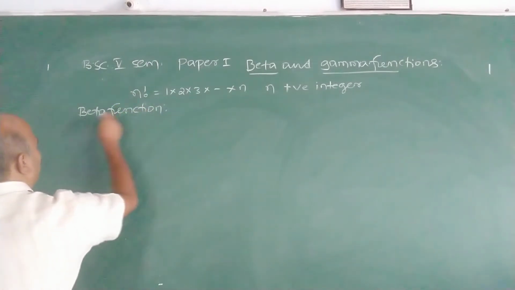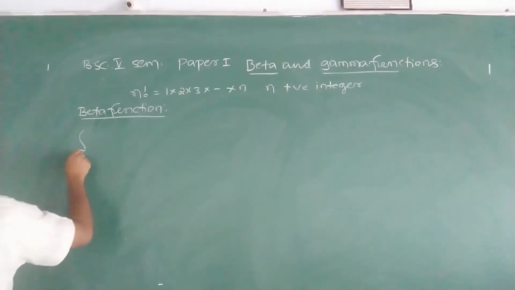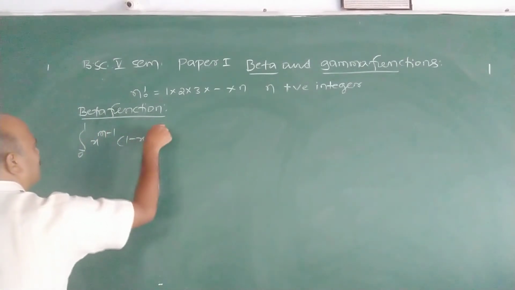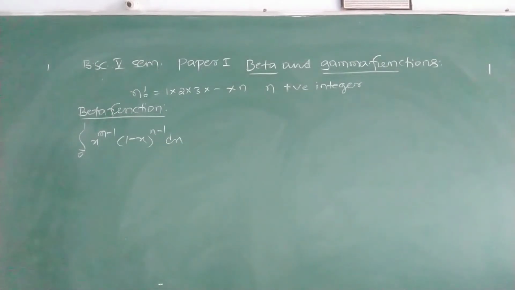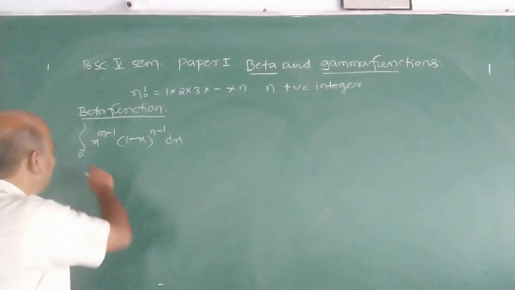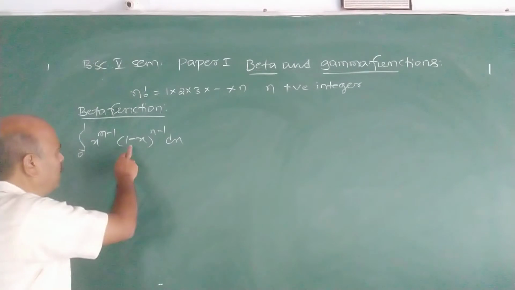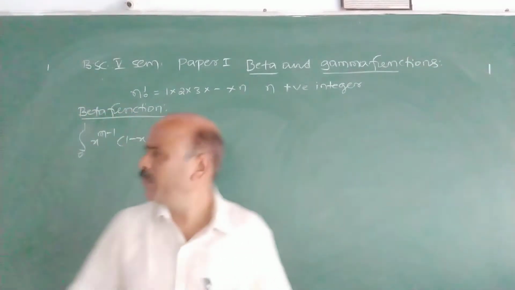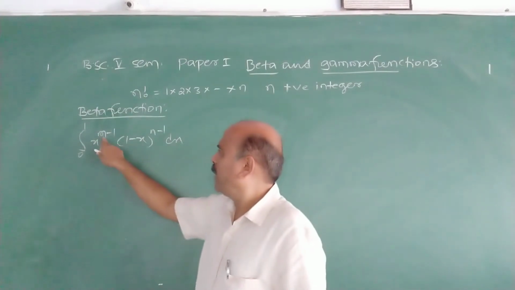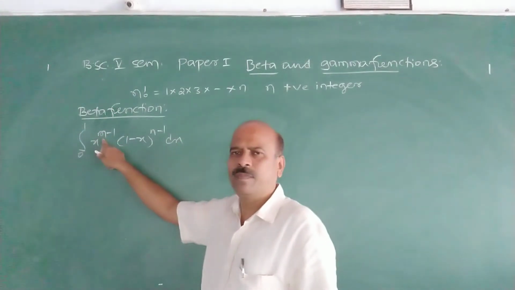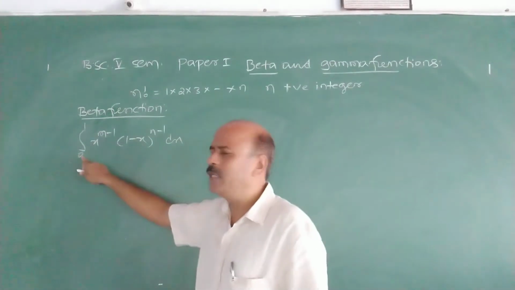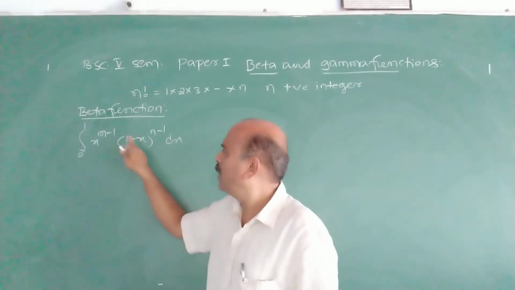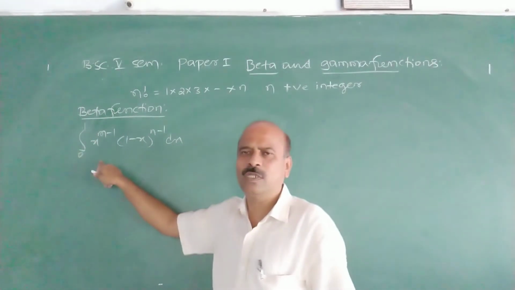The beta function is the integral from 0 to 1 of x raised to m minus 1 times 1 minus x raised to n minus 1 dx. It is improper because when m is less than 1, 0 becomes a point of discontinuity, and when n is less than 1, 1 becomes a point of discontinuity.